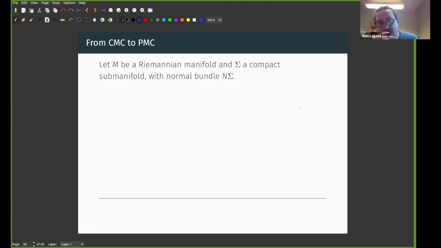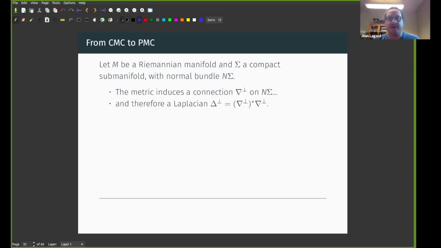So let's start with some Riemannian manifold M and Sigma, a compact submanifold of it that will have normal bundle N of Sigma. And the metric on my normal bundle and Sigma will induce a connection that I will denote nabla perpendicular, because it's a connection in the normal direction, and therefore it also induces a Laplacian.